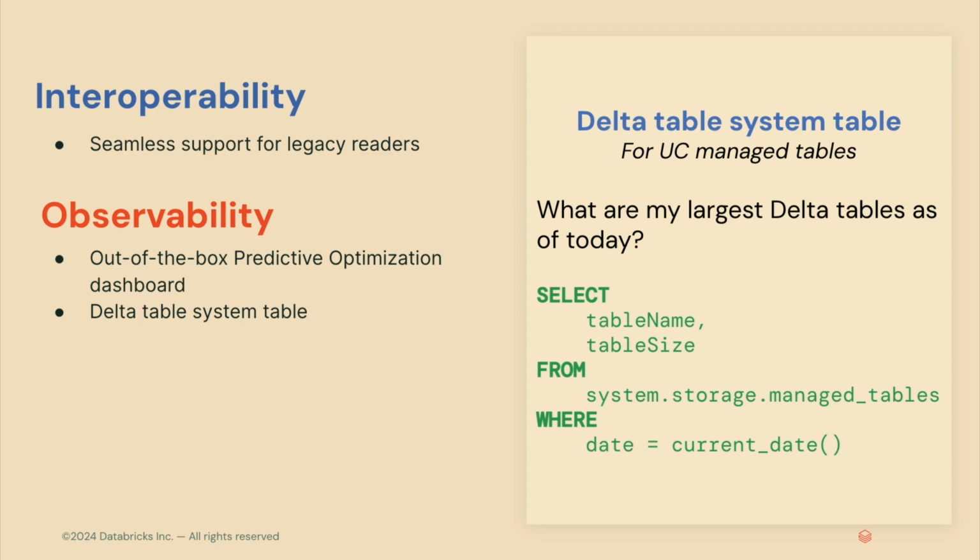And so the idea here is, for example, you can use this table to query for, well, what are my largest Delta tables? How is the size of my tables changing over time? Or maybe look at the largest tables that no one's really queried in the last 30 days. So we want to make that just really sing out of the box and make looking at S3 inventory logs a thing of the past.